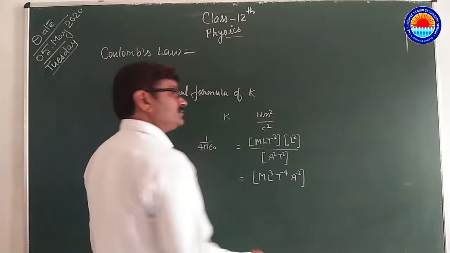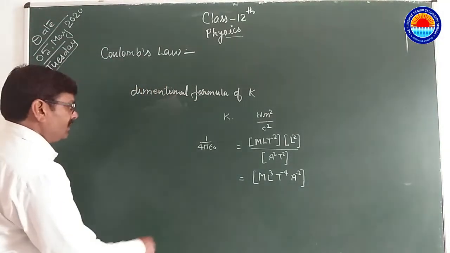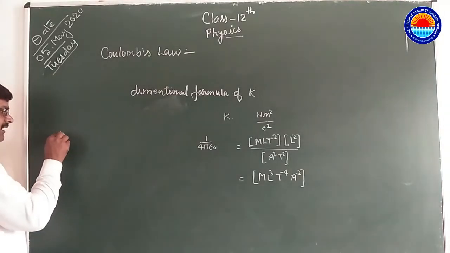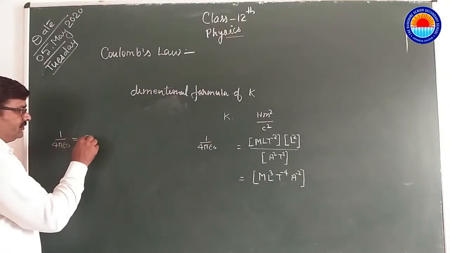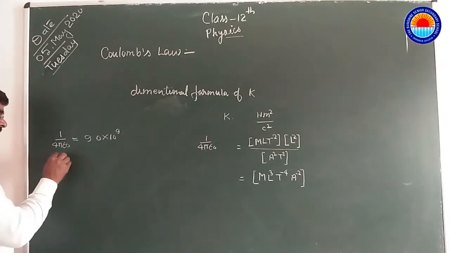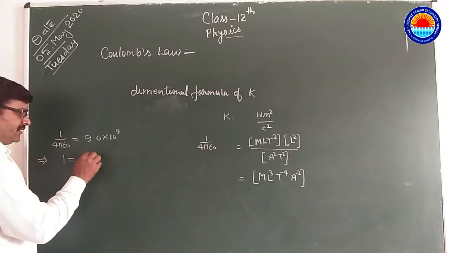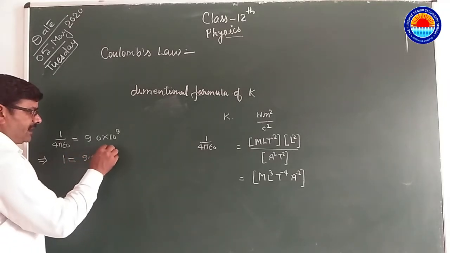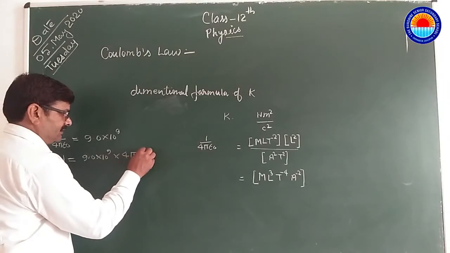Here we say that the value of K, that means 1 by 4 pi epsilon naught, is equal to 9.0 into 10 to the power 9. That means 1 equals 9.0 into 10 to the power 9 into 4 pi epsilon naught.